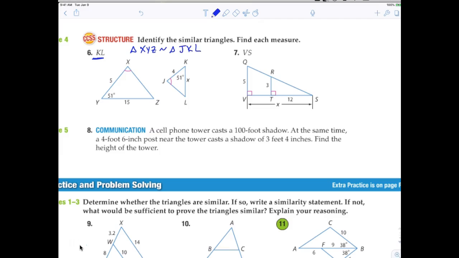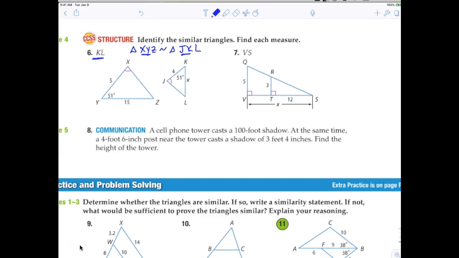Now, the reason why I like writing the similarity statement is because if you can write the similarity statement, you can't be deceived by the figure. If you look at the figure, it's twisted around. Does everybody see how it's twisted around and flipped over? So it's so easy to make a mistake on what goes with what. Whereas if you have it this way, you can say, for example, XY corresponds with what?